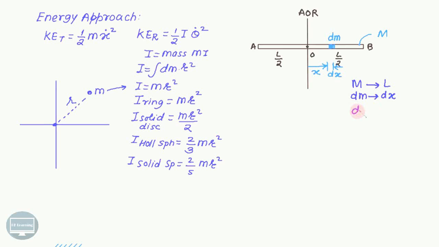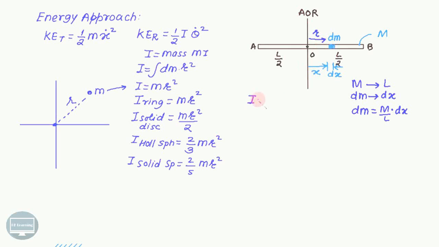It means that dm equals M divided by L multiplied by dx. This mass is at distance r and is going to rotate about this axis, so r is the same as x.